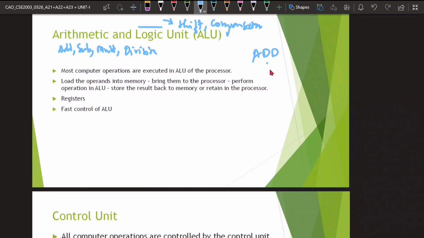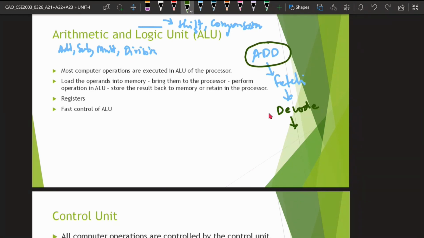After fetching, it does the decoding, and once decoded, it understands that this is addition.